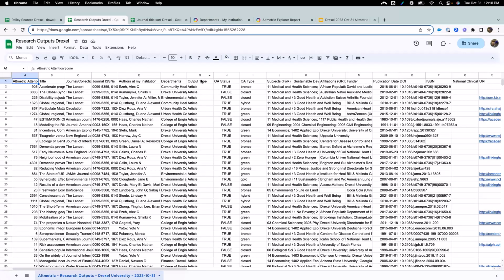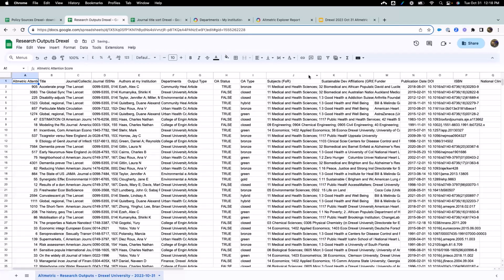And then we also get the OA status, whether it's open access, true or not, the type of OA, the different subject areas assigned, the field of research. Also, if you're tracking sustainable development goals from the United Nations, you can find that information right here. We have good health, peace and justice, zero hunger.